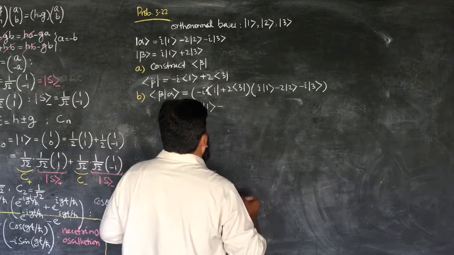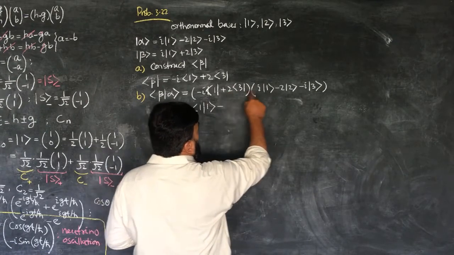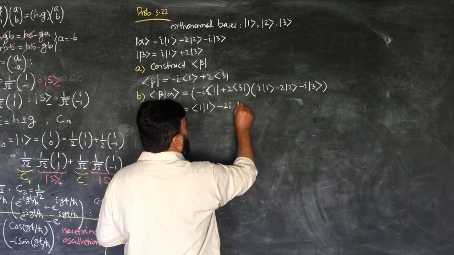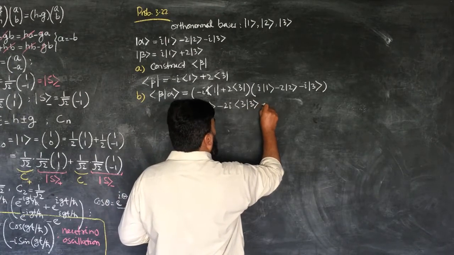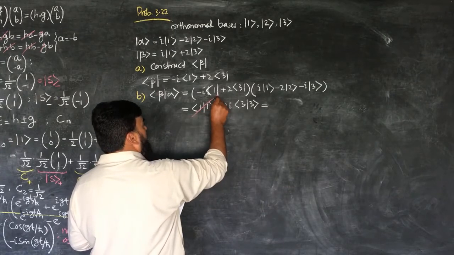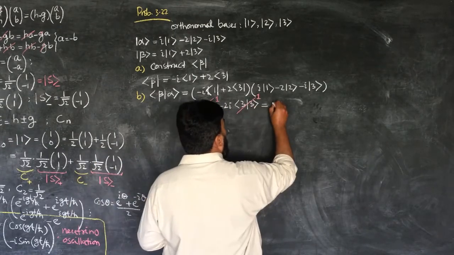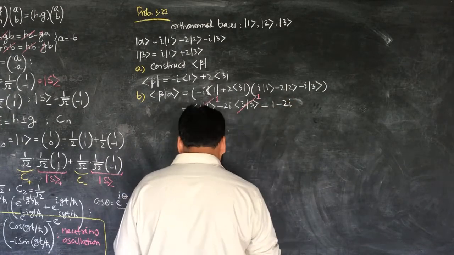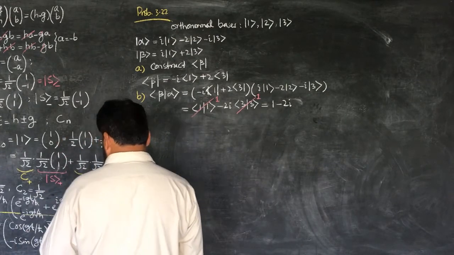So we will have plus 2 here and minus i here, so it will become minus 2i <3|3>. The orthonormal nature will make <1|1> equal to 1 and <3|3> equal to 1. So we are having 1 minus 2i. So the result is 1 minus 2i.